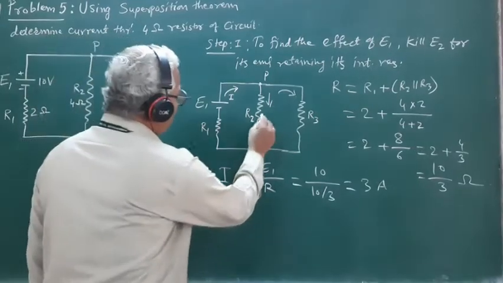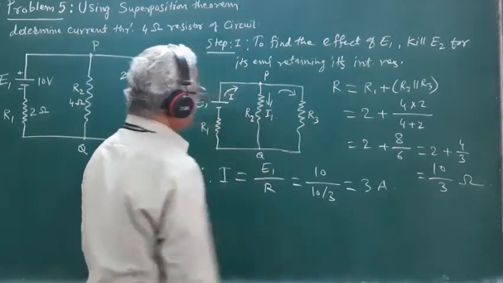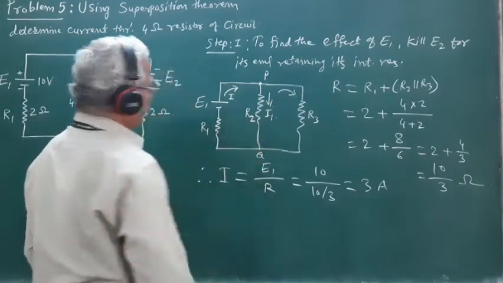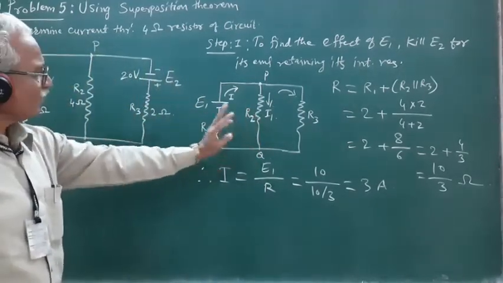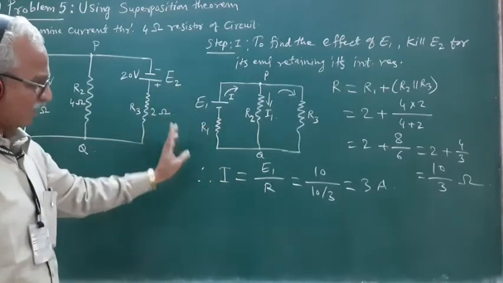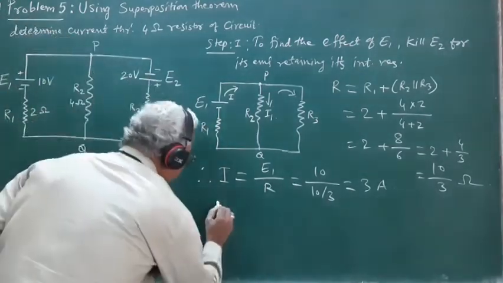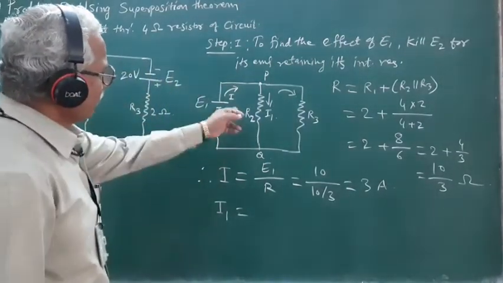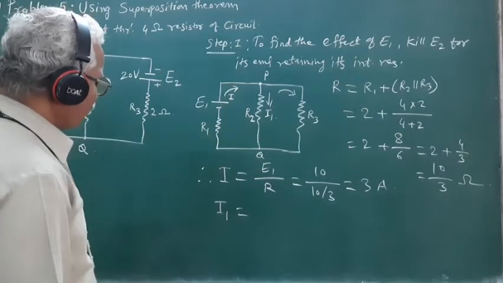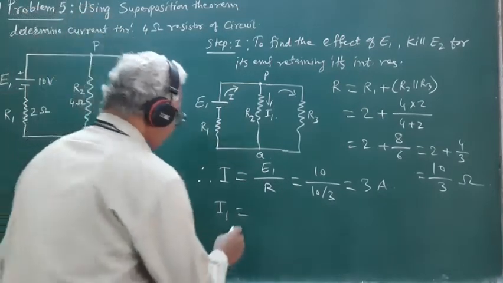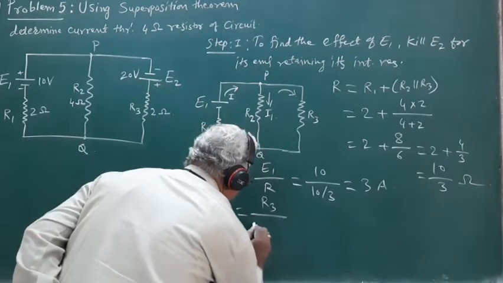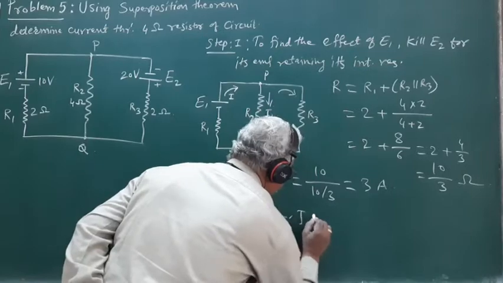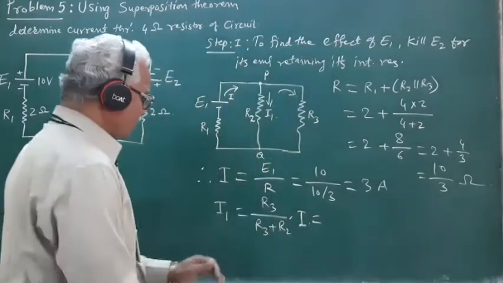So let I1 be the current flowing through this resistance R2 due to E1. So this I1 is equal to, by using the current division formula, we can express it as R3 upon R2 plus R3 into I, the total current drawn from the source E1.